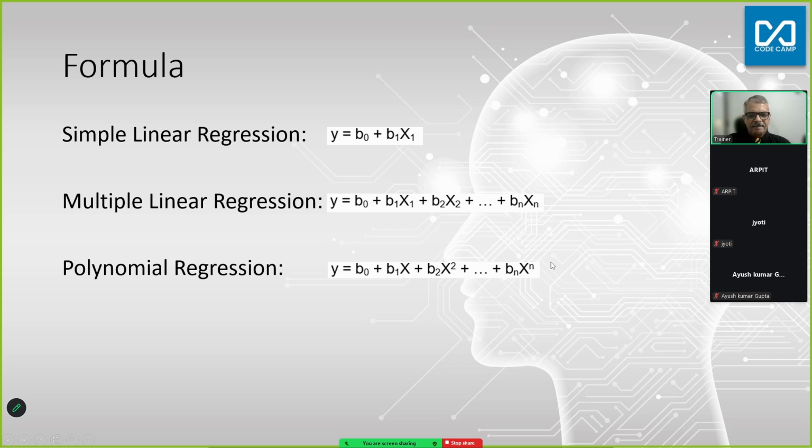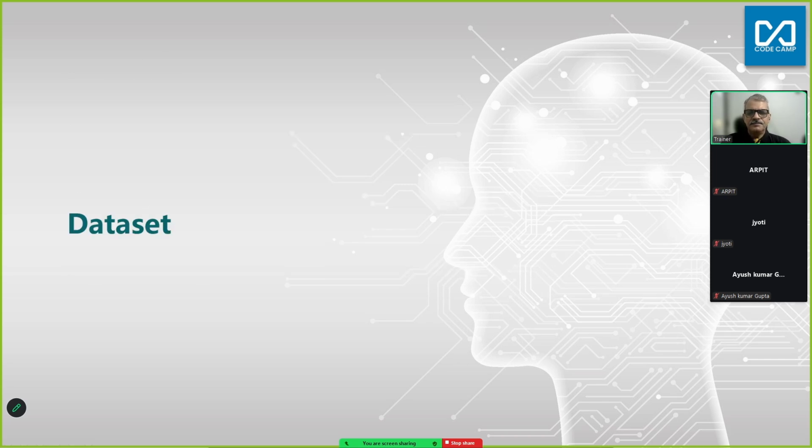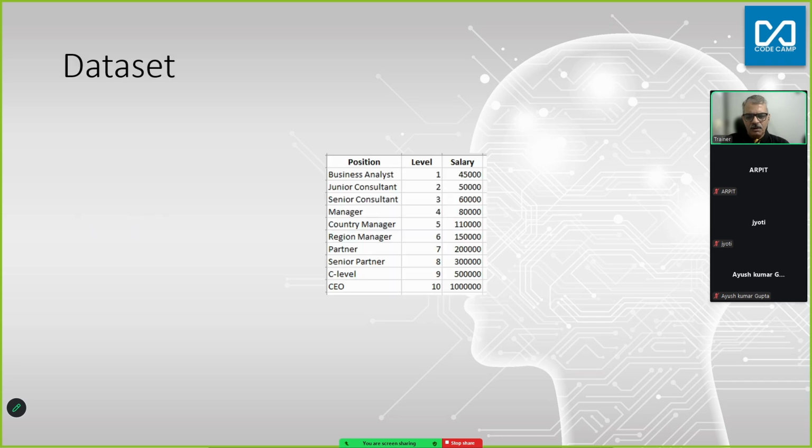Here we have the polynomial regression data set. It is a simple data set. Let's imagine that we are an HR department and we want to hire someone, and we found someone who seems a great fit for the position. We would like to offer that person a position in our company.